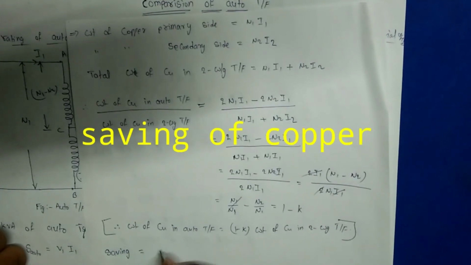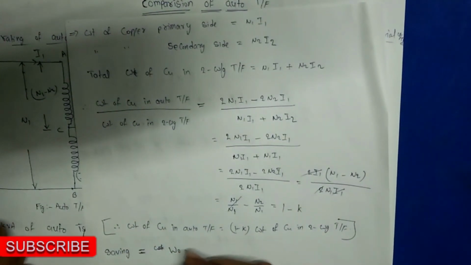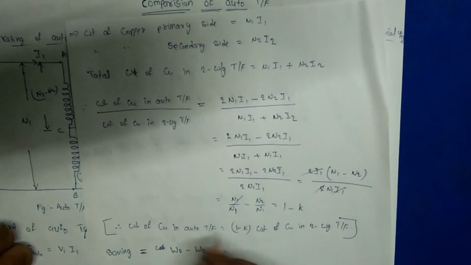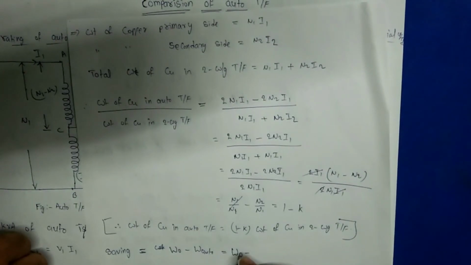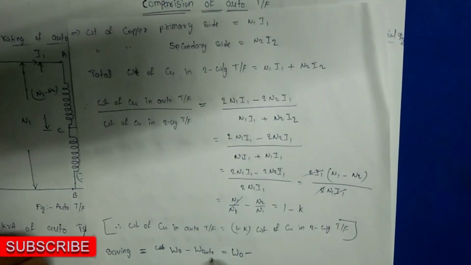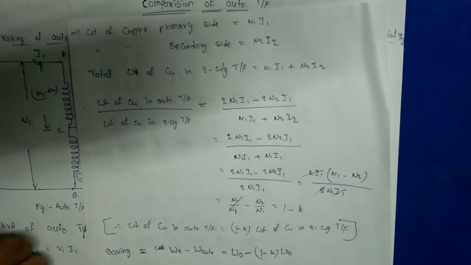Now saving is equal to weight of copper in ordinary transformer minus weight of copper in auto transformer. We know weight of copper in auto transformer is 1 minus K into W naught.